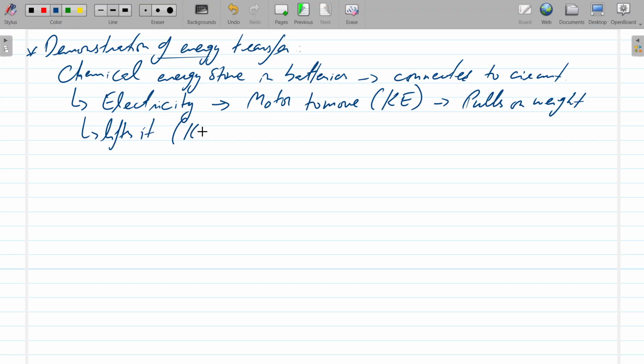So in this case you have the kinetic energy of the motor being converted into gravitational potential energy of the weight.